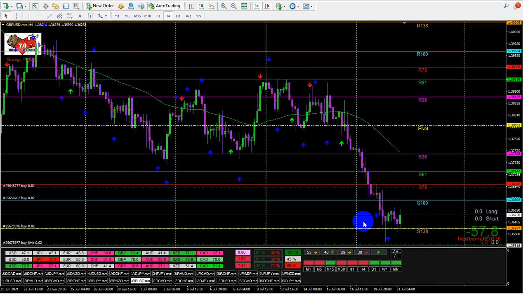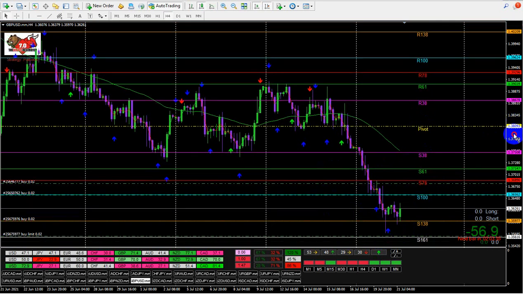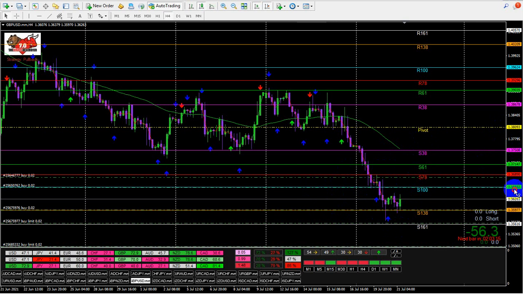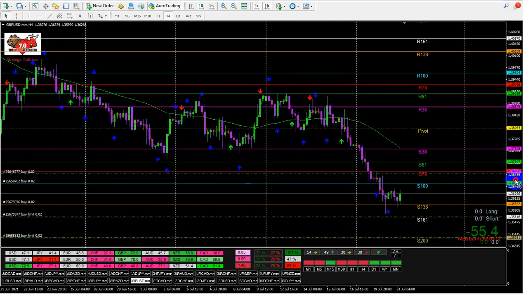You see, I have confirmations. Yes, I'll be losing on this trade if an arrow appears anytime soon. I'll be losing, but I'm hoping that this can retrace up to S38, but only the market will determine that. So what happened here, as you can see, we have our levels of interest, pivot points.